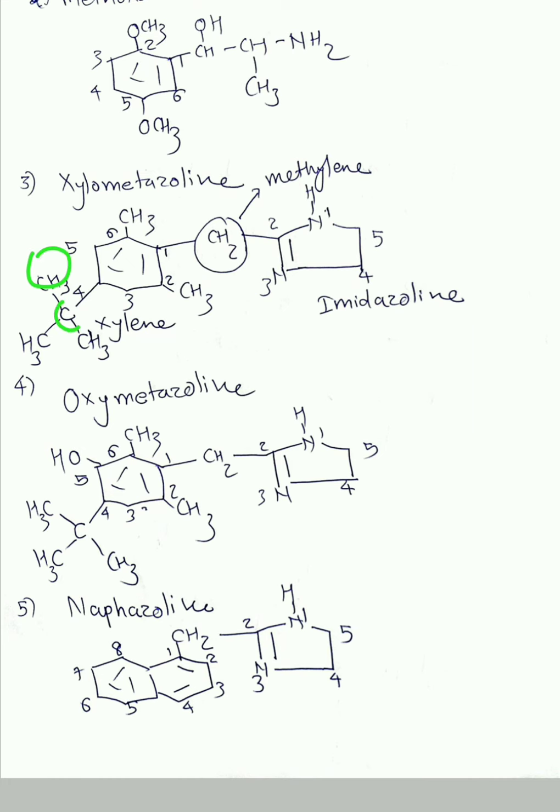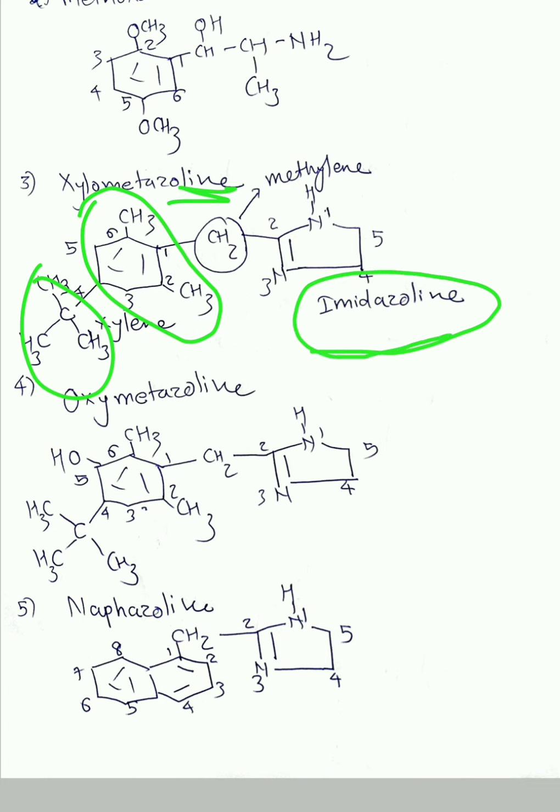This is a tertiary butyl group because it is attached to 3 carbons, and this entire group is attached to this phenyl ring. So it is tertiary butyl, that is this. Now we have seen xylene also. Now come to this zoline part. Zoline, why zoline? Because it contains imidazoline. Now we have seen in my previous videos the structure of imidazole.